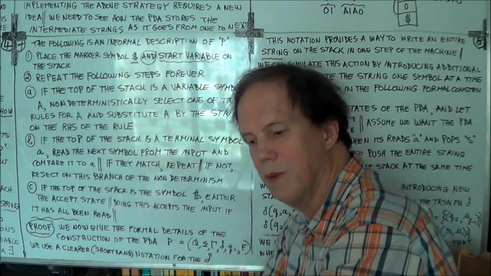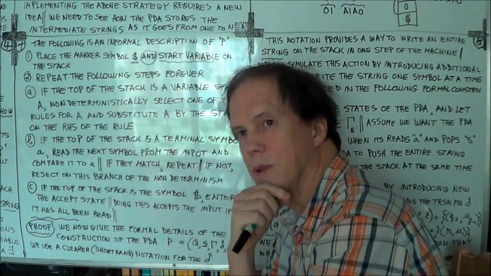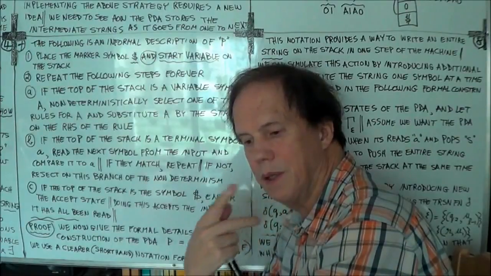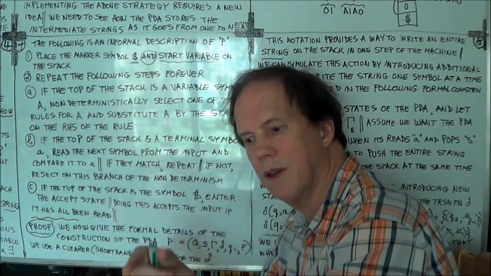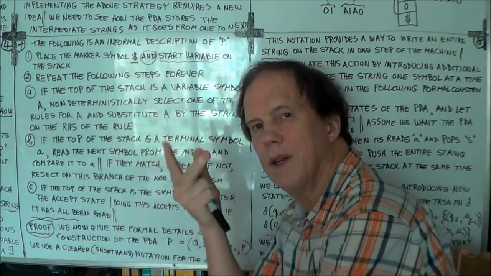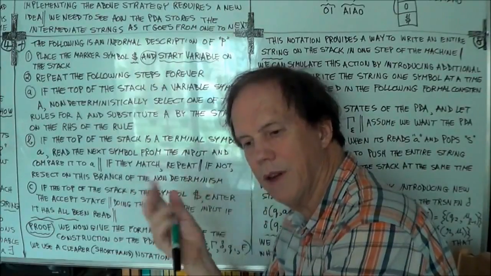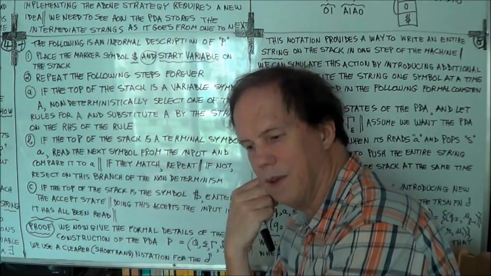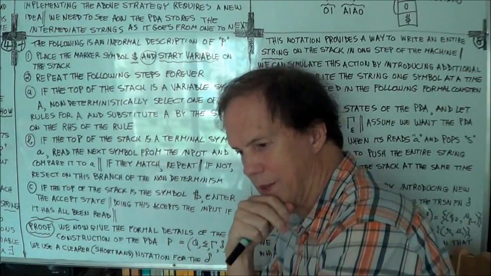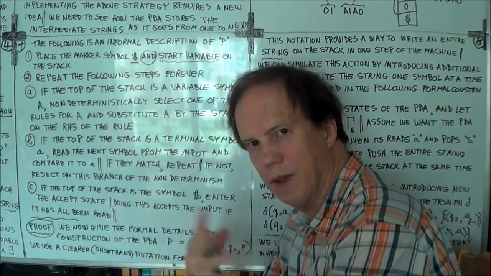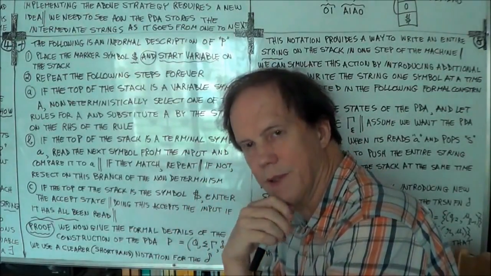So if for example the first two symbols in your right-hand side are terminals, well then just read the next two symbols in your input string to see if they match the two terminals in your right-hand side, and if they match, fine, continue. If they don't, that branch dies. Okay, so if they do match, then you now have a variable at the top of your stack.